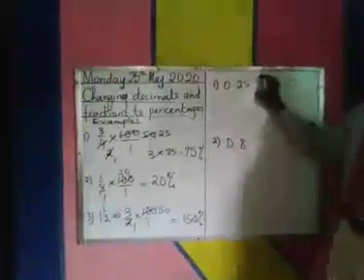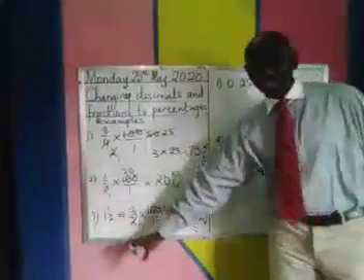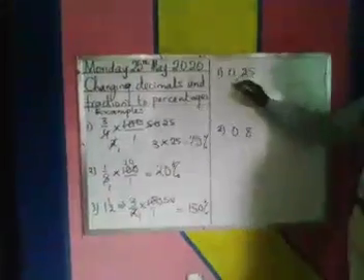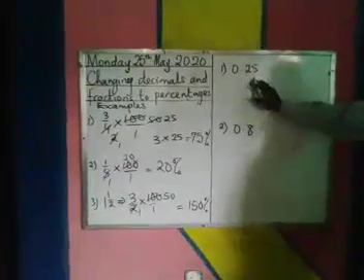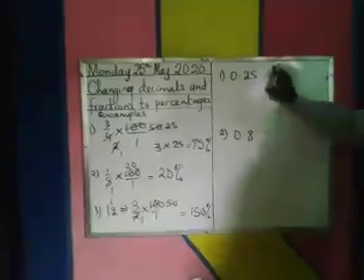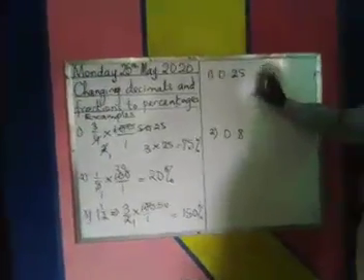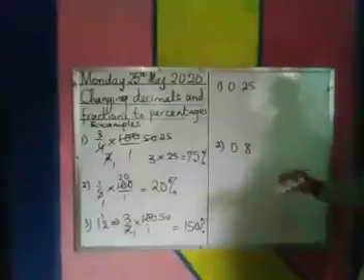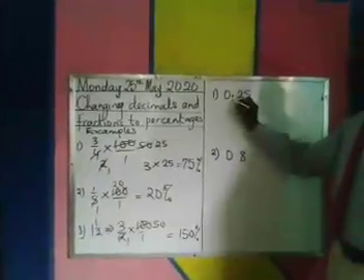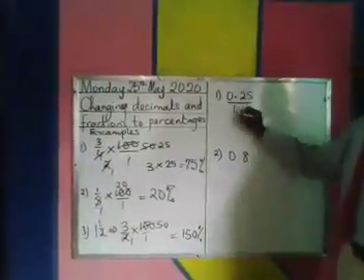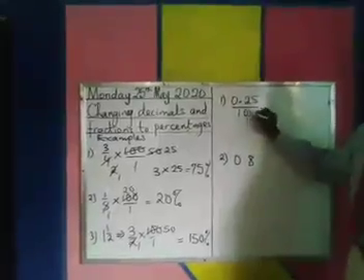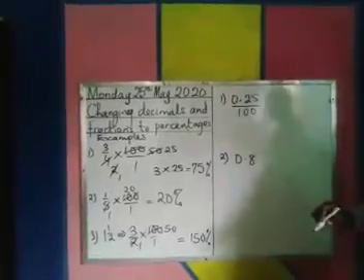So in this case now, we want to change from decimals. Here we just finished with fractions. Now we want to change 0.25 as a decimal to percentage. What do we do? We simply say wherever you see the decimal point, write the number 1 under it. 0, 0. Okay?